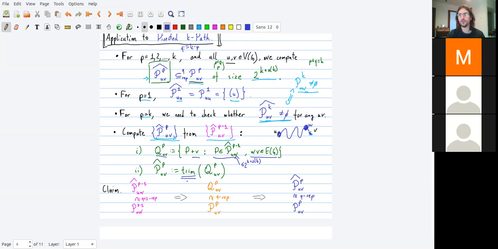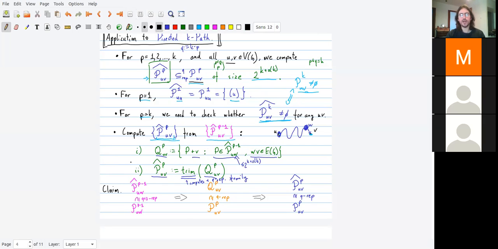Trim is a procedure that computes a q-representative subfamily. So I take this slightly too large family Q, apply this algorithm that shrinks it to a q-representative subfamily, and this is my next family P for u, v, p.